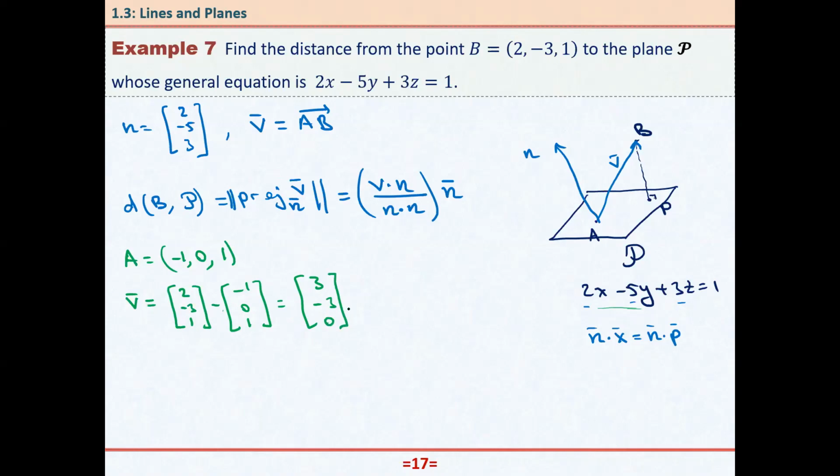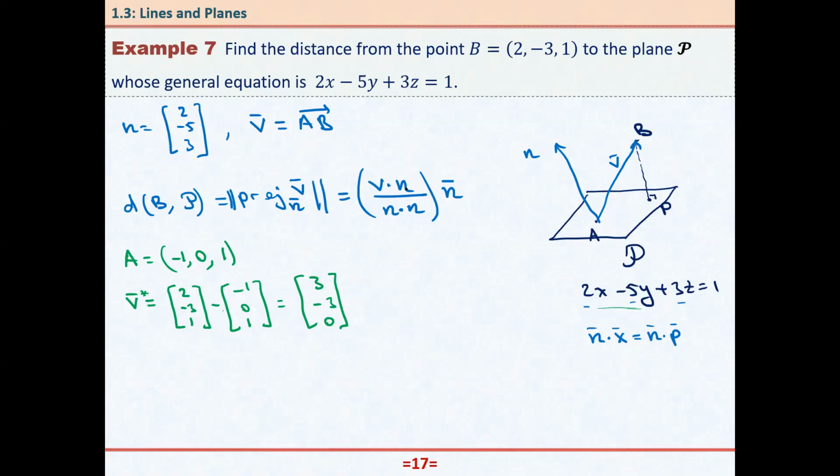But actually, any vector that is parallel to this can serve here. I see here 3, -3, so I can choose a bit simpler vector. Let's say that V is (1, -1, 0). Also fine. Keep this simple. So now we know vector V.